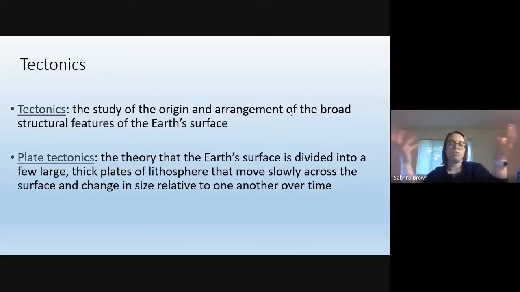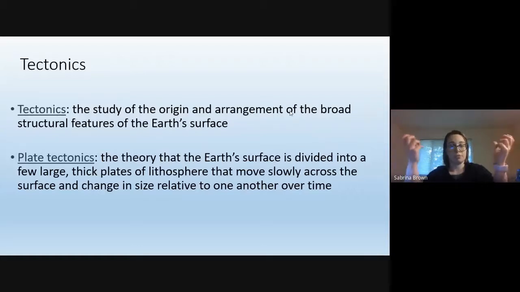So that's sort of this overall term of how Earth's surface looks and why Earth's surface looks the way it does. And then plate tectonics is a specific scientific theory about the Earth's surface being divided into a few very large and thick plates of lithosphere.